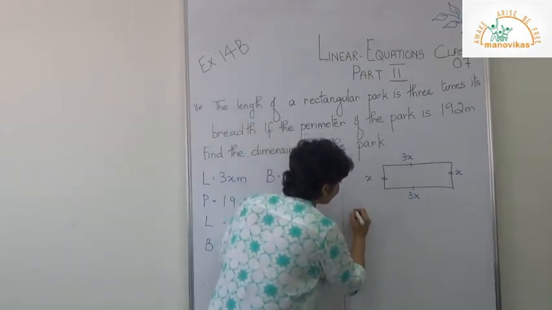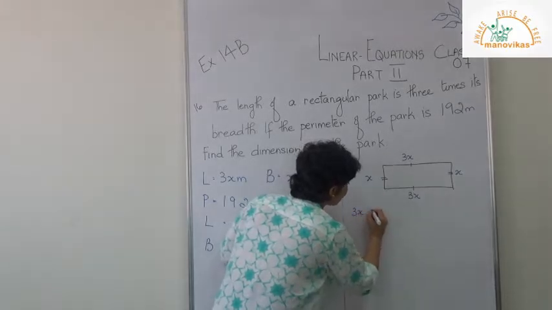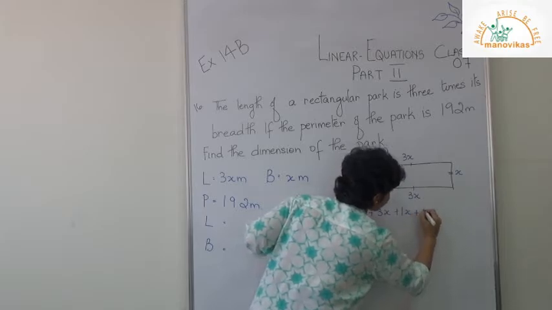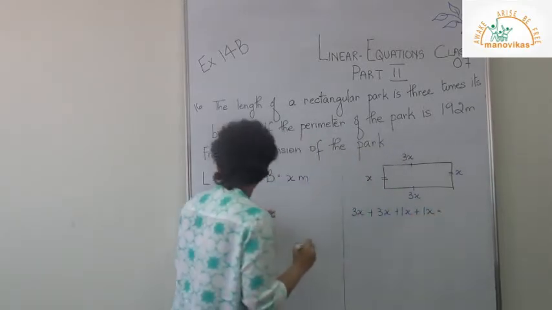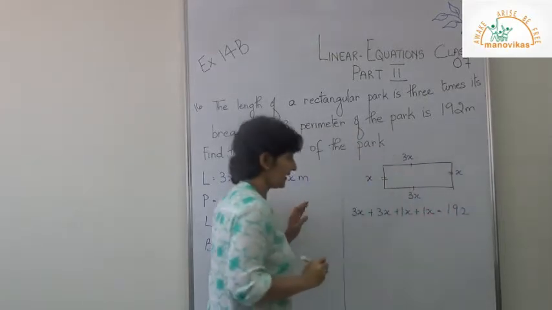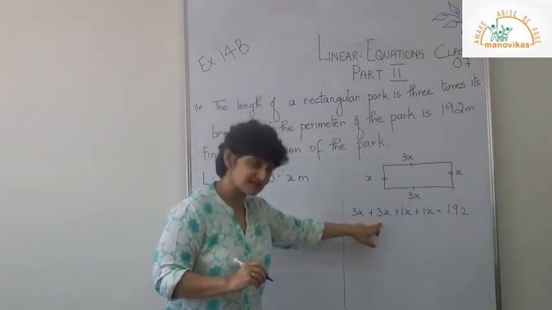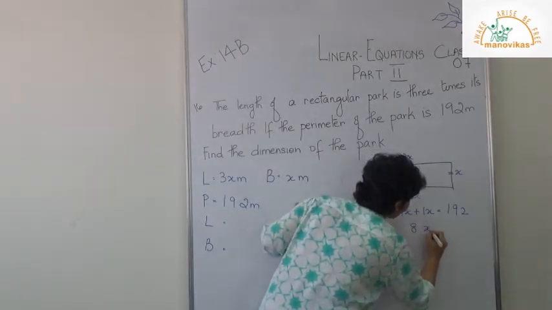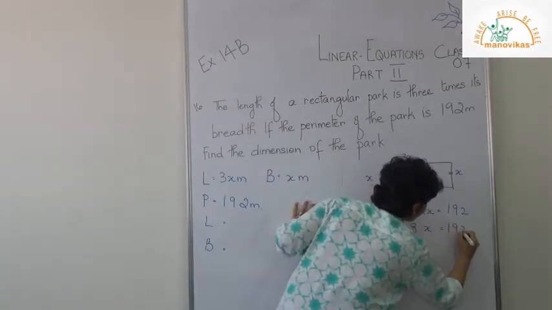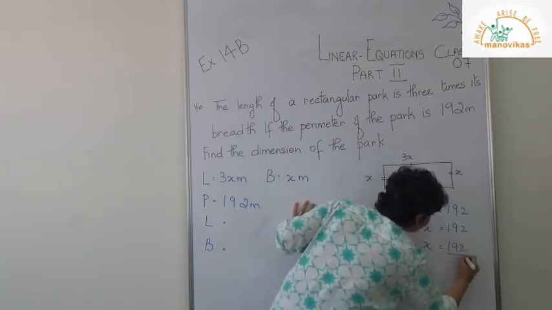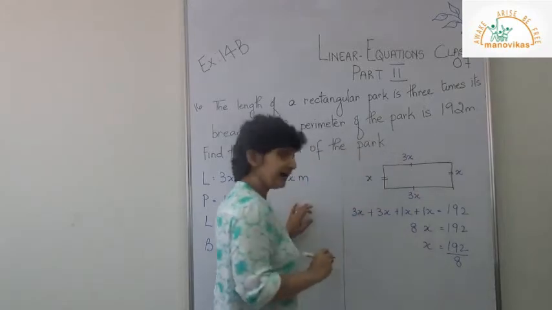So you know that 3x plus 3x plus 1x plus 1x is equal to 192. Correct? So 3 plus 3, 6, 7, 8. 8x is equal to 192. x is equal to 192 upon 8.